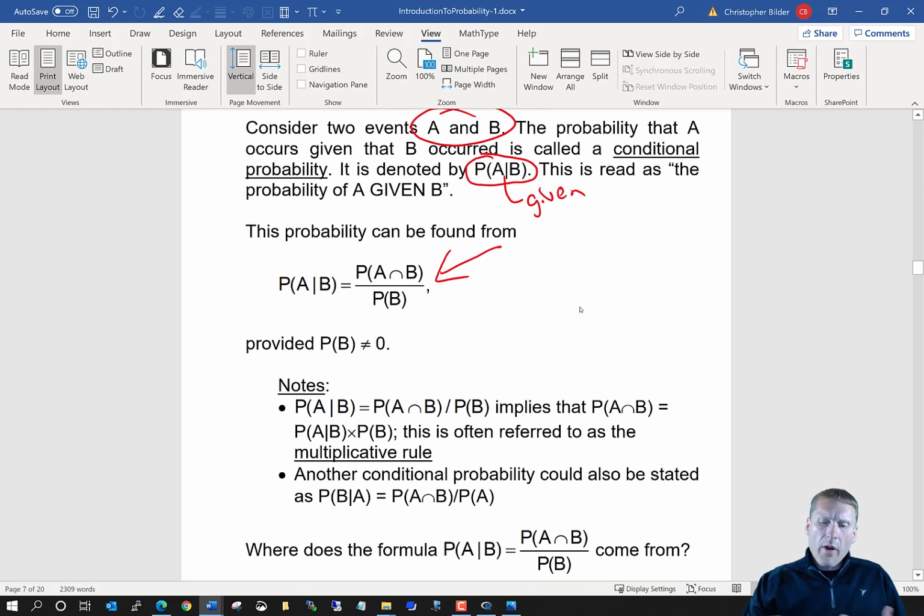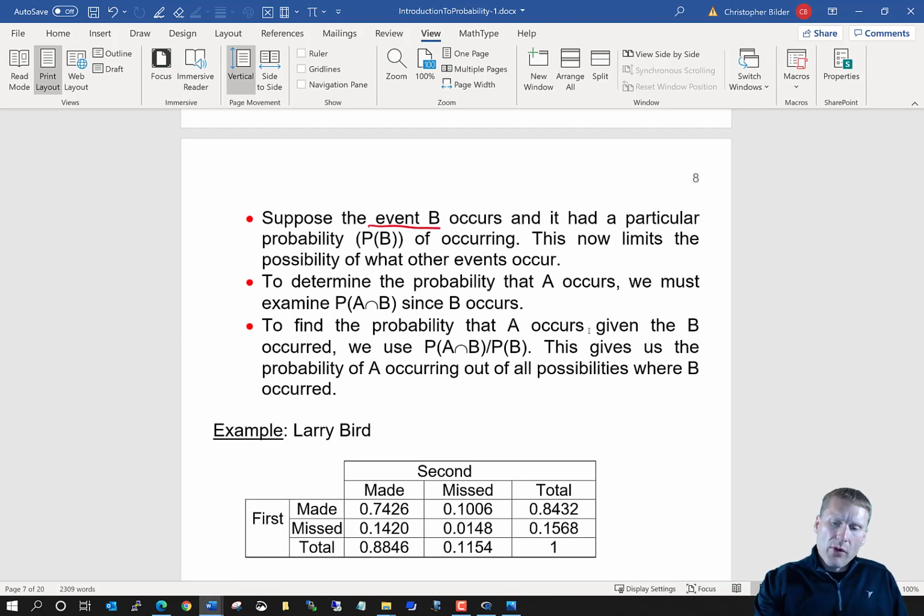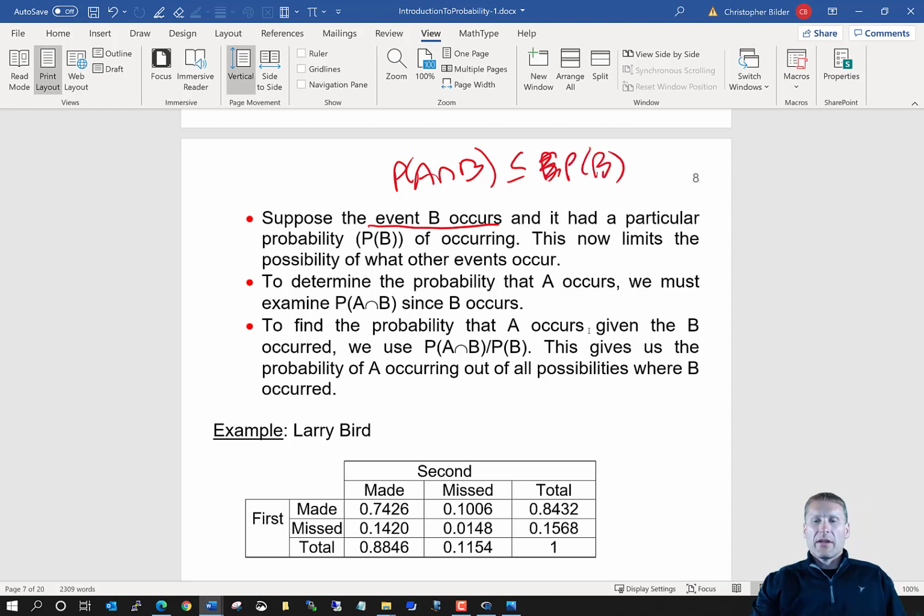Now, where does this actual expression come from? Well, think of it this way. Suppose that we know that event B has occurred. Now what you're going to be doing is looking at, well, what's the probability that A occurs, given that I know that B occurs already? The probability of A intersect B has to be less than or equal to the probability of B, because B is here and B is there.